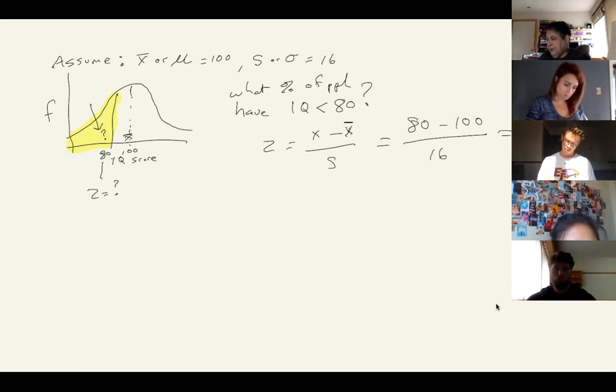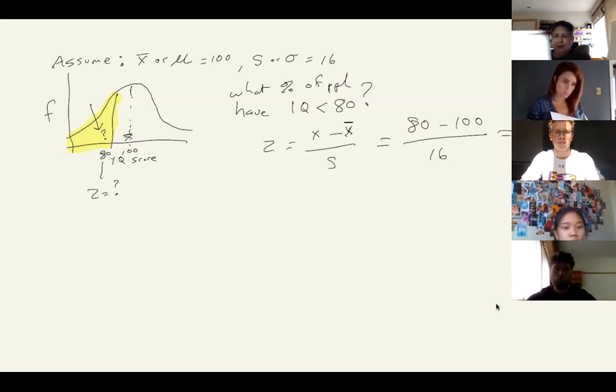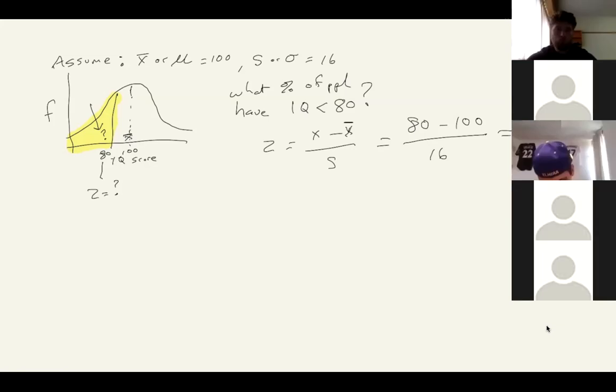So find z of 1.25. And I'm not going on until everybody assures me that they can do this part, including all you people who I just see your initials and names. Grace, tell me when you found 1.25.